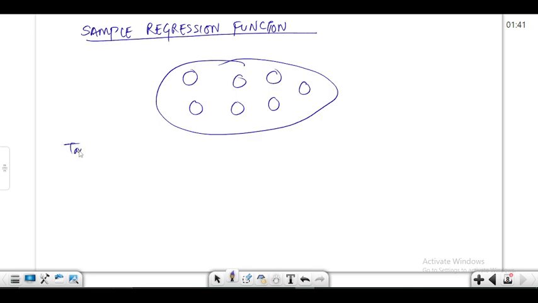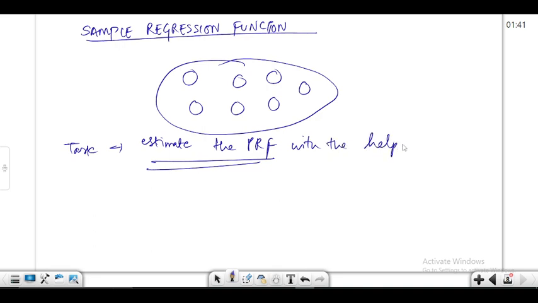Our task here, with the help of this sample, is to estimate the population regression function. This is your SRF.